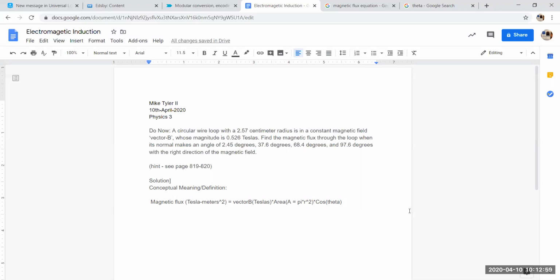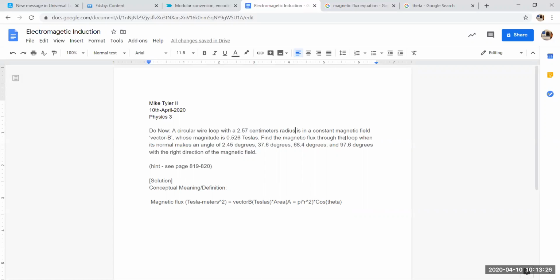Where's that? So now that we have that part, we can pretty much reduce it down to what we need. Well, we need the magnetic flux. If we read the problem slowly with the values I provided, we have 2.57 centimeters. Ooh, make my corrections. Right?